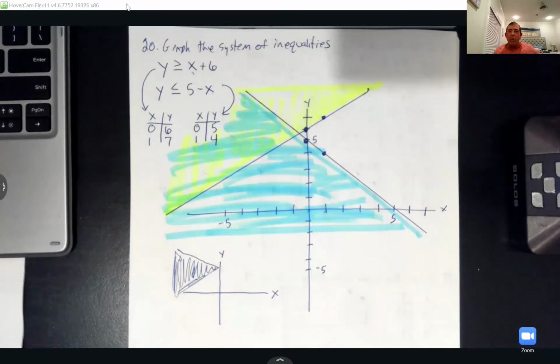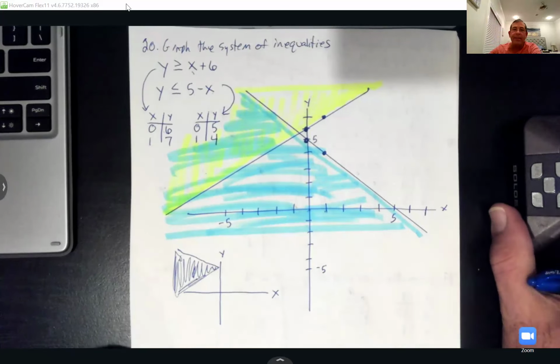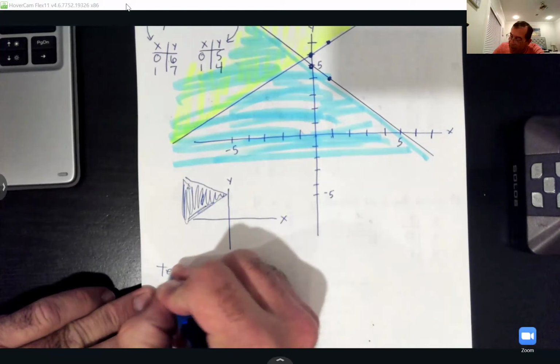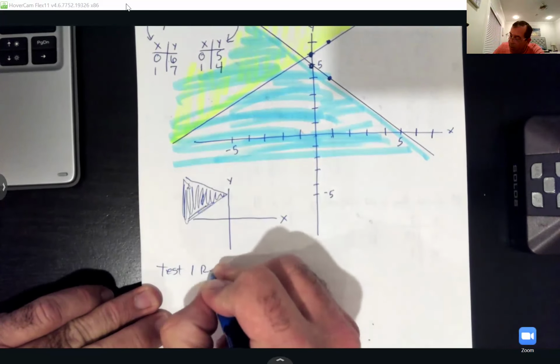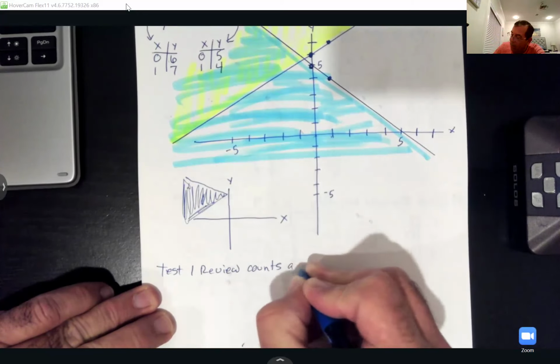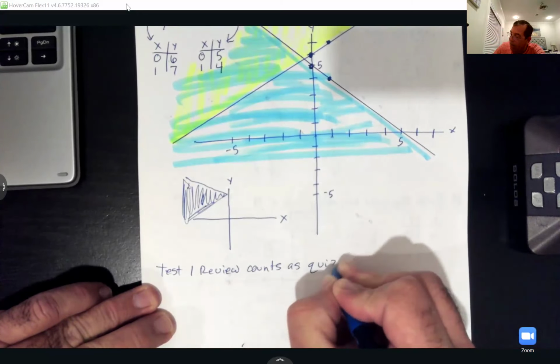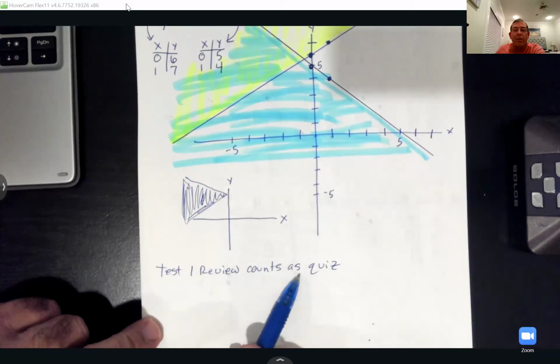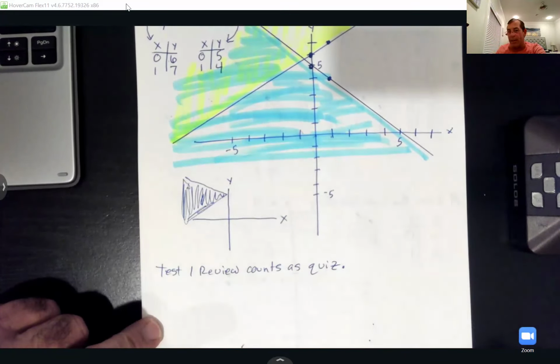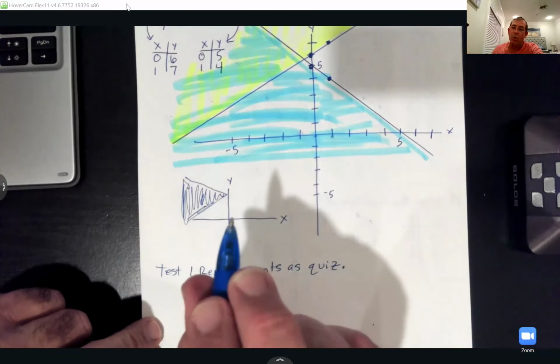All right, y'all, so guess what? That is test 1. The biggest thing for this test is the test 1 review. It counts as a quiz. So test 1 review counts as a quiz, and you can do multiple attempts, and it will keep the highest score, okay?